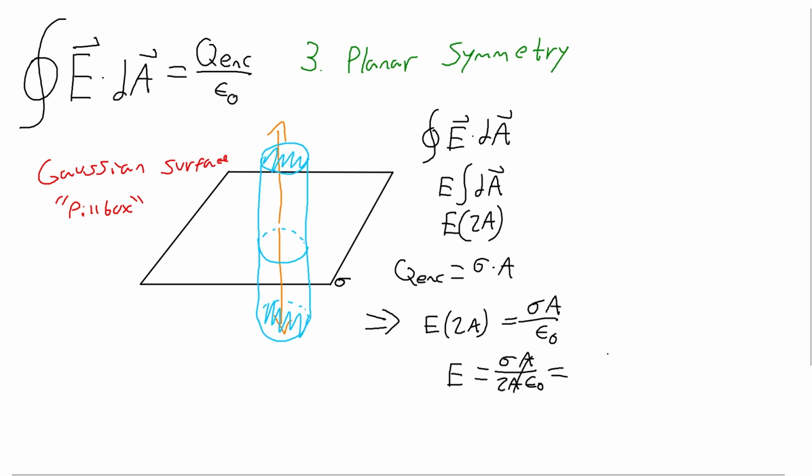So the electric field is simply sigma over 2 epsilon. And another interesting thing is there's no r in this equation, unlike the last case with the cylinder symmetry. So the electric field of an infinite sheet doesn't decrease with distance.